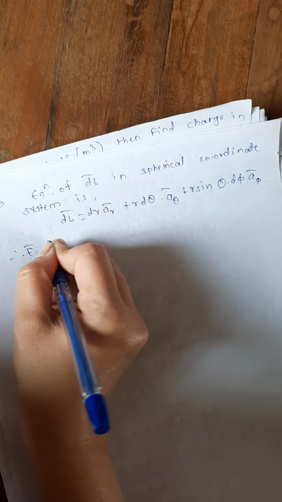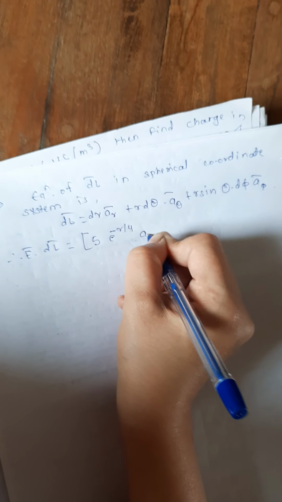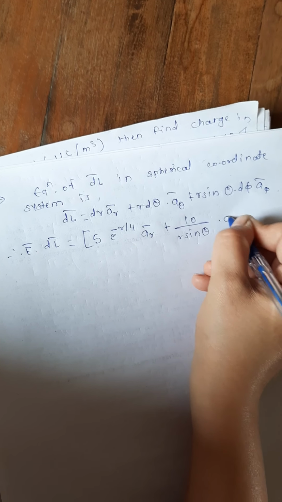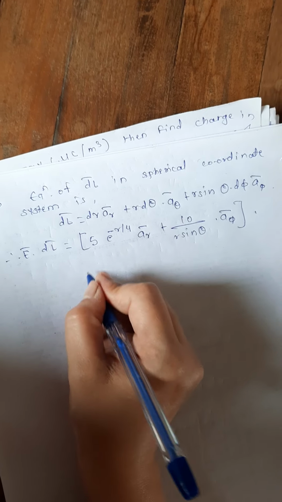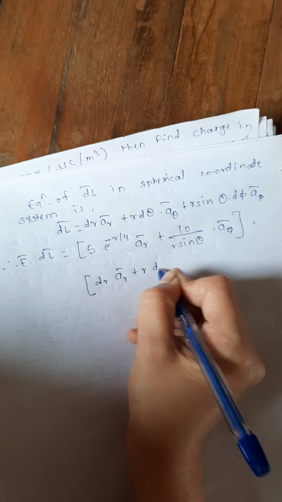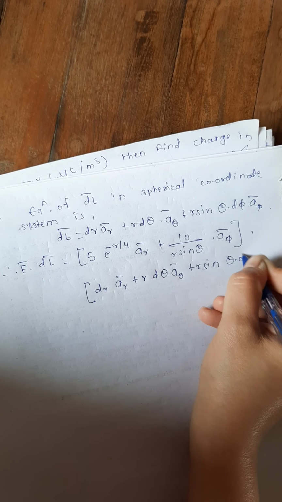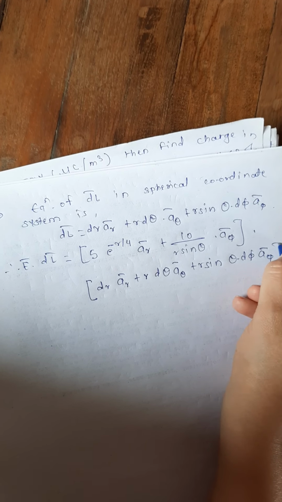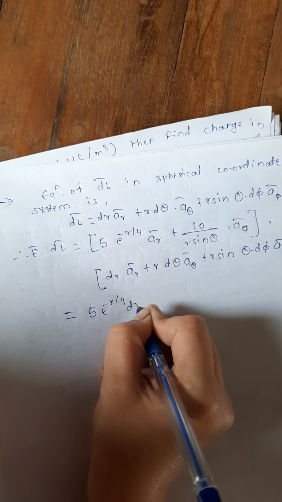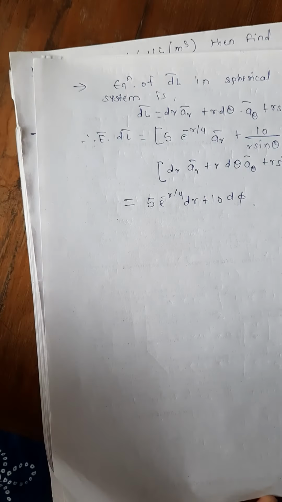Therefore E bar dot dl bar is equal to (5 e raised to minus r by 4 ar bar plus 10 by (r sin theta) a phi bar) dot dl bar. Now the equation becomes 5 e raised to minus r by 4 dr plus 10 d phi. So we have the equation of E bar dot dl bar.